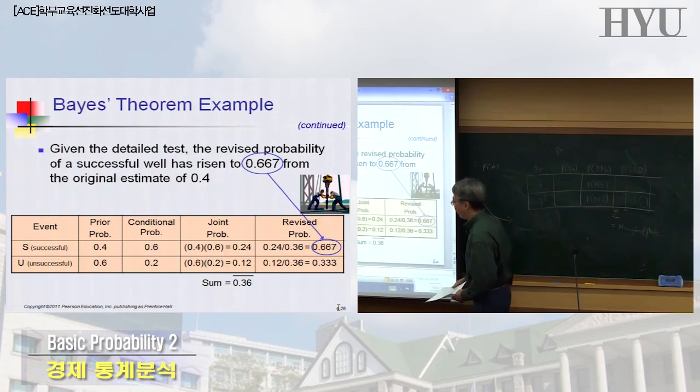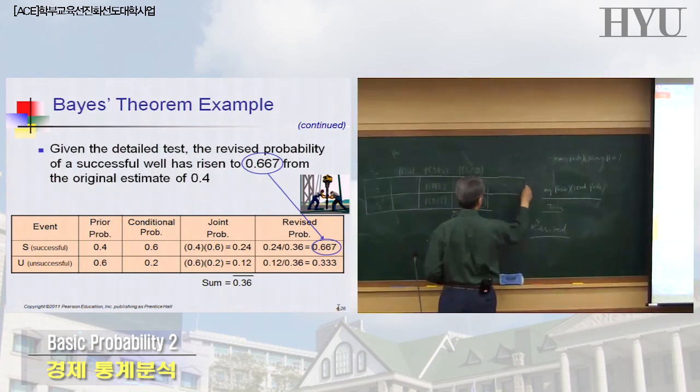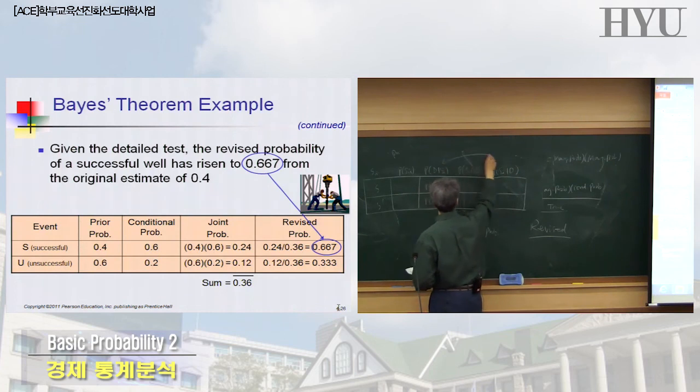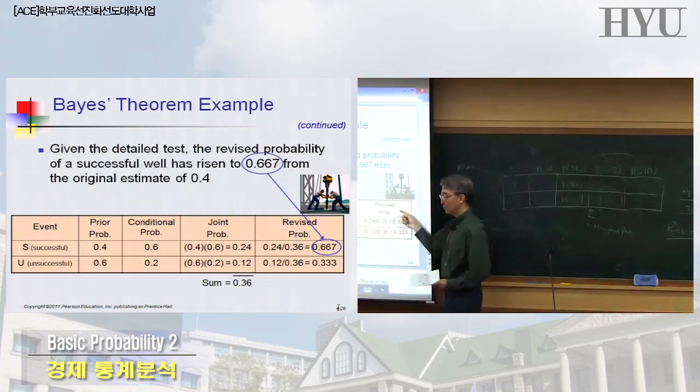Then finally, we come up with the probability of S_i given D. Remember, that's the reversed case, the opposite case. We call it revised probability.